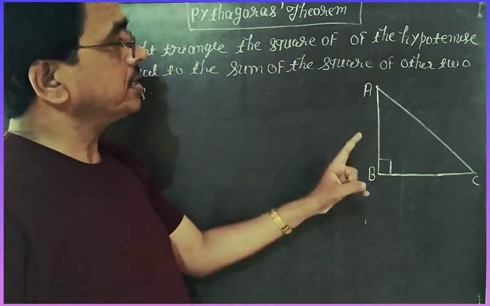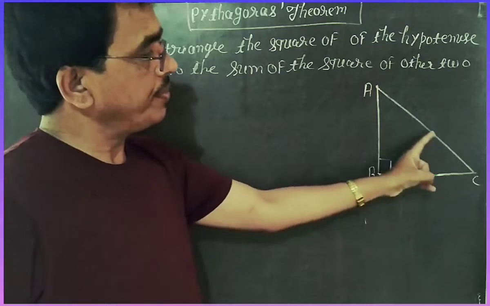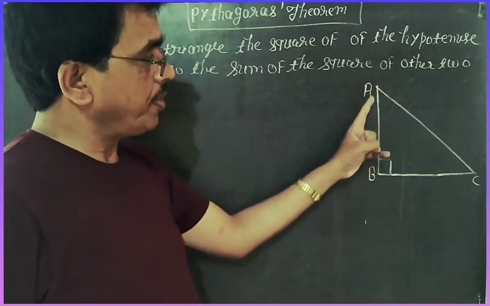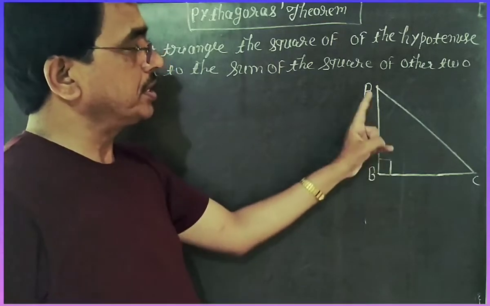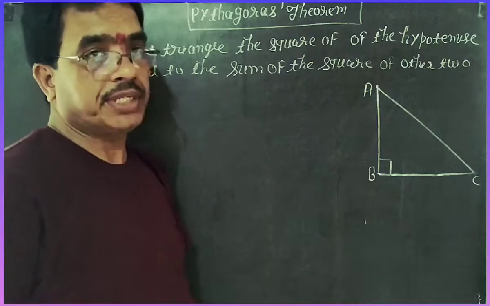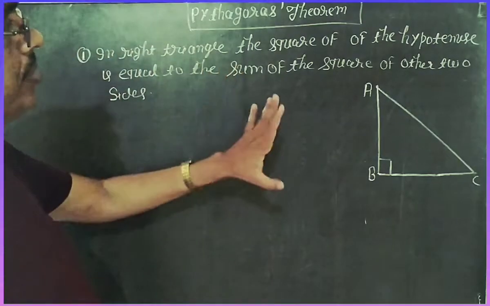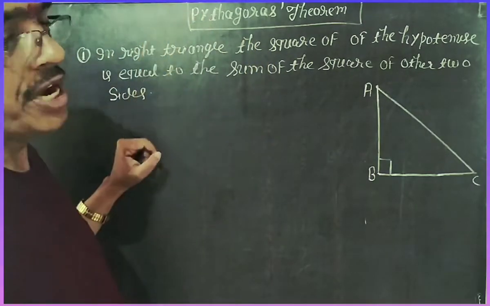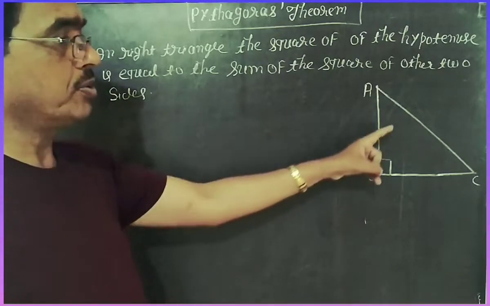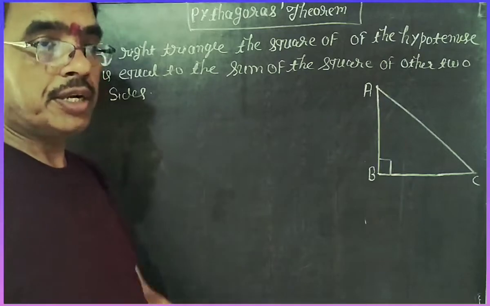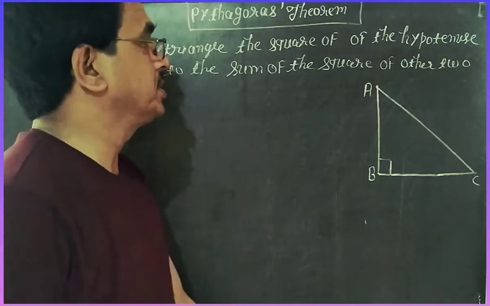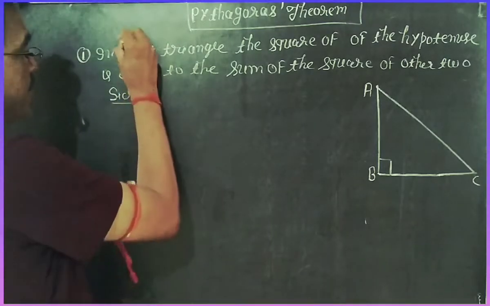So the square of the hypotenuse, that means AC square, is equal to the sum of the square of other two sides, means AC square is equal to AB square plus BC square. So it is a theorem. First you remember the statement of this Pythagoras theorem.